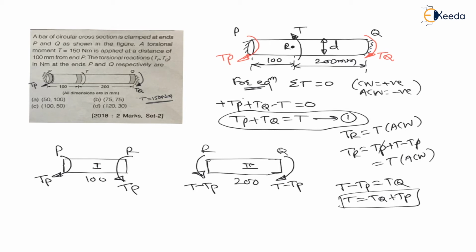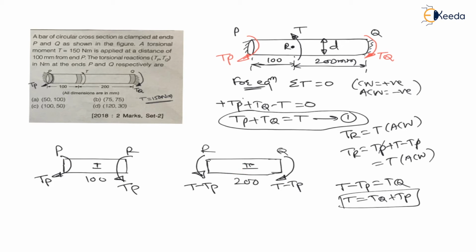Right. Now, if I look at element PR, at P there is a clockwise torque, at R there is an anti-clockwise torque. Now, consider any one extreme end for sign convention, and the same type of end we have to consider for the other element, that is element 2.